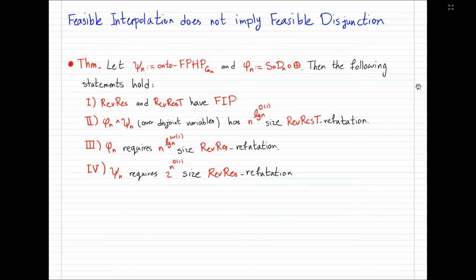But if we take psi_n and phi_n, the conjunction of phi_n and psi_n over different variables has a small RevRes-T refutation because of the known characterization and relationship between TFNP classes and proof systems. But both phi_n and psi_n require super quasi-polynomial RevRes refutations, which means that both RevRes and RevRes-T do not have the feasible disjunction property.